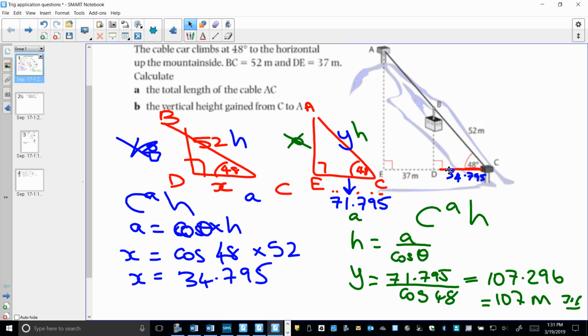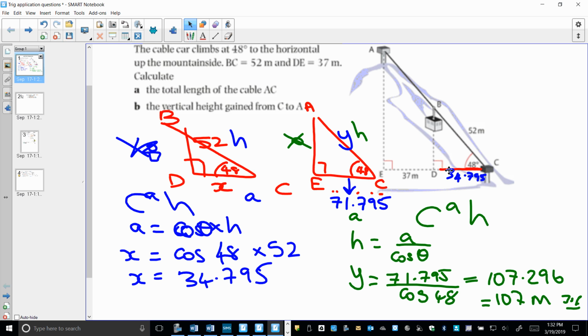Now, you've got a couple of different ways of doing this. We have established that this length is 71.795. We've established that this length here is 107.296. Whose rule can we use to find this length? Pythagoras, yes.